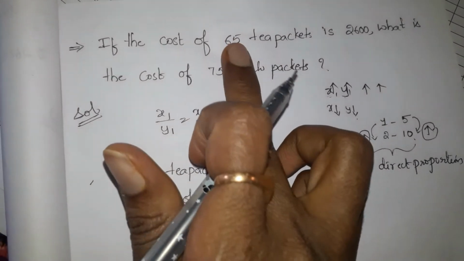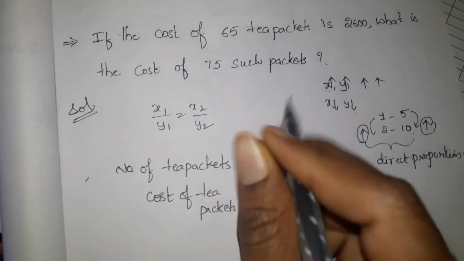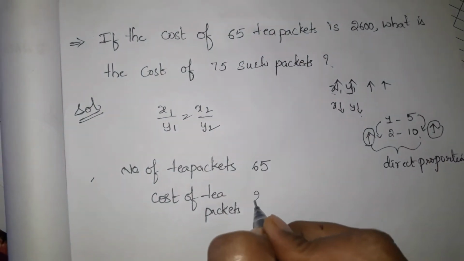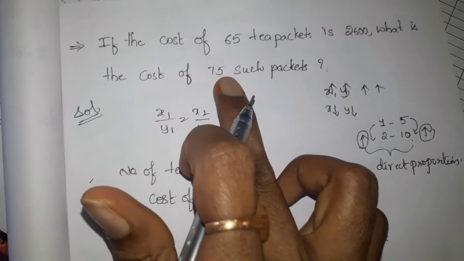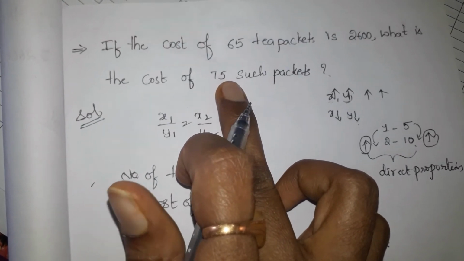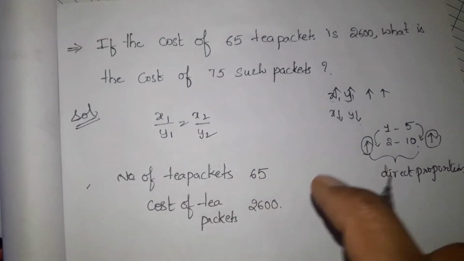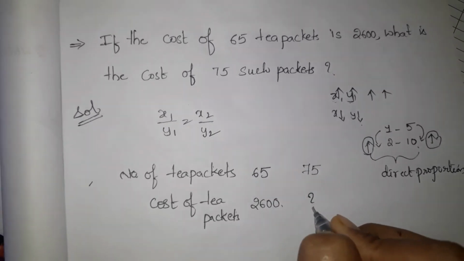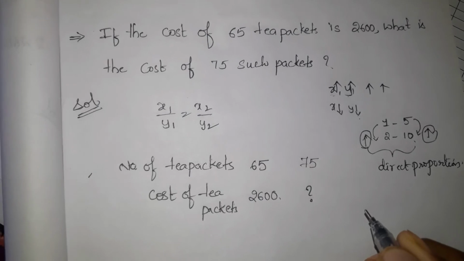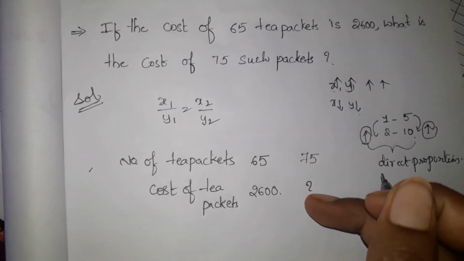Number of tea packets, how many? 65. What is the cost here? 2600. And what is the cost of 75 such packets? It means the other one is 75 tea packets, and we need to find out the cost of the 75 packets, right?